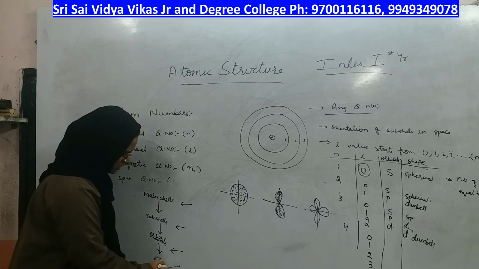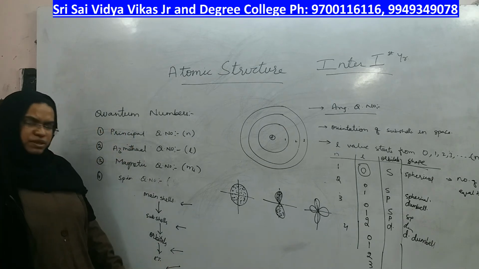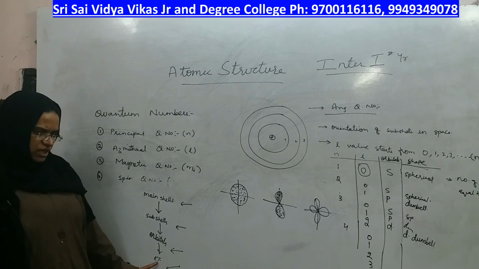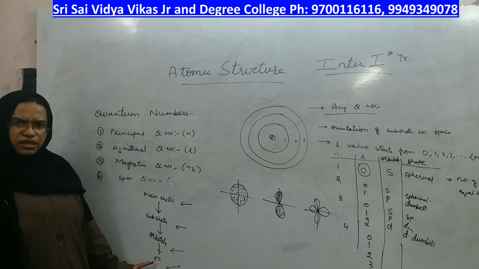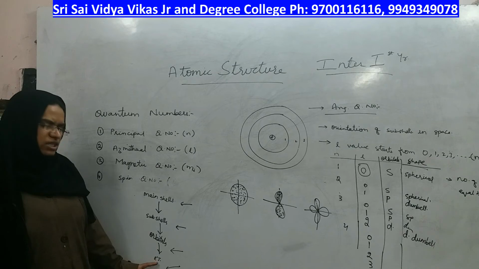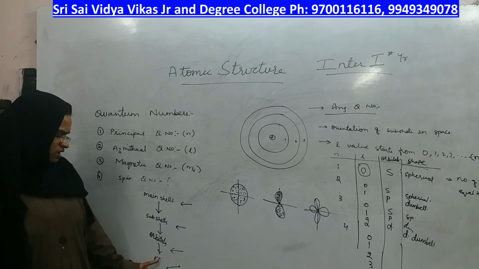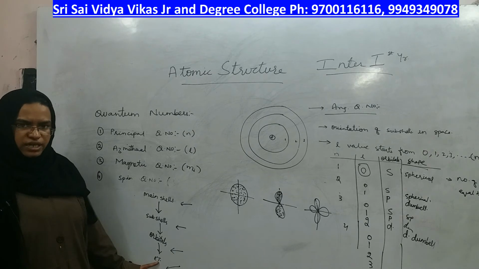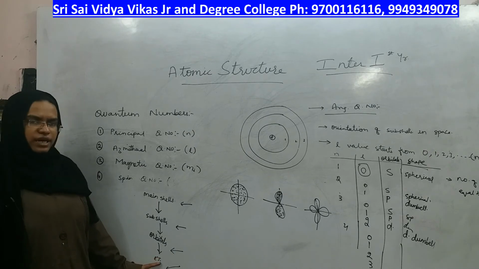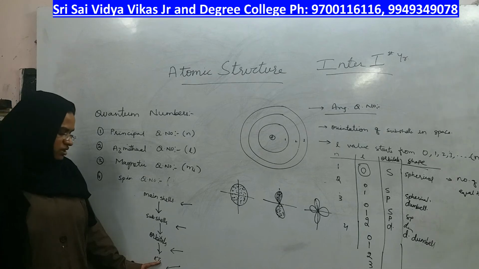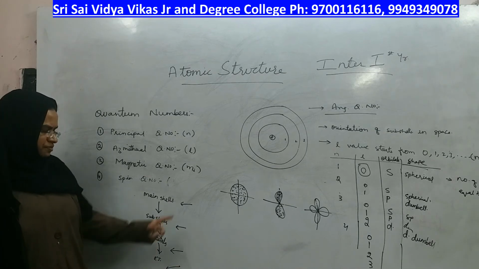Coming to the last quantum number, the spin quantum number, it will decide in which direction the electrons inside the orbital are rotating. Is it revolving in a clockwise direction, or in an anti-clockwise direction? That will be decided by the spin quantum number.